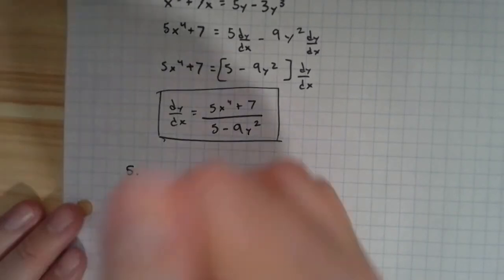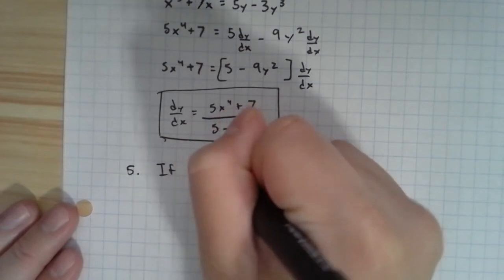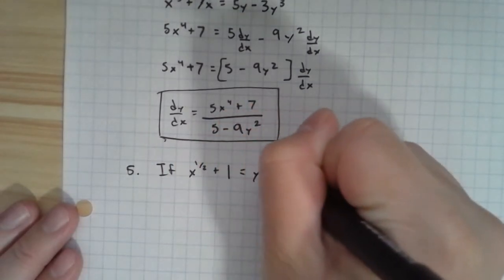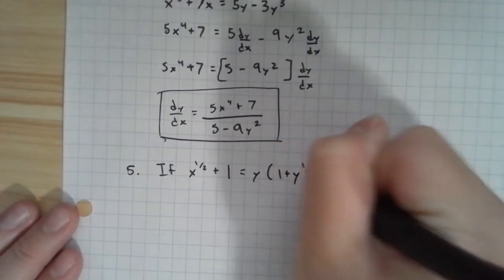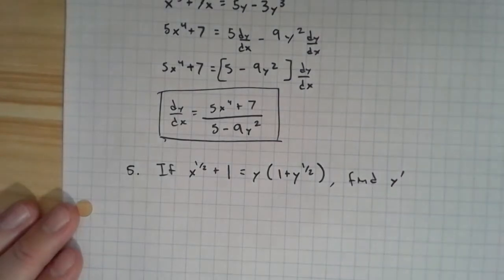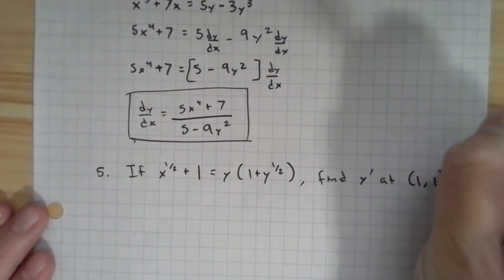Number 5 says if x to the half plus 1 is equal to y times 1 plus y to the 1/2, find the derivative, find y prime, right, or dy dx, same thing, at 1 comma 1.